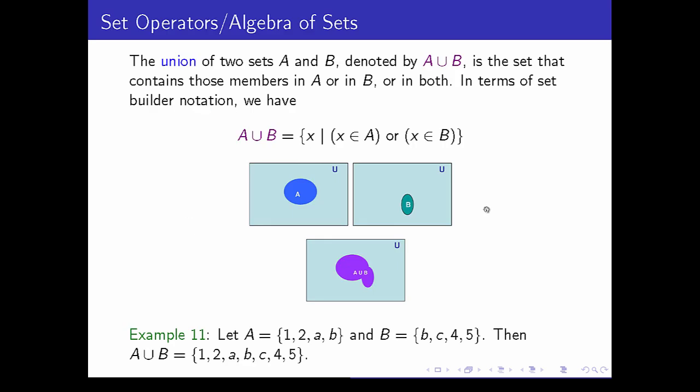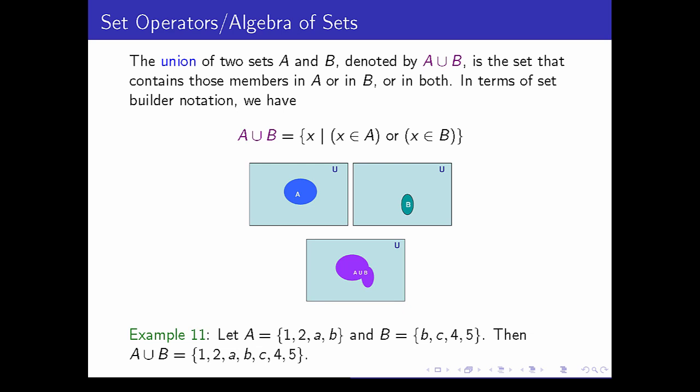Okay, now let's talk about operations we can perform among sets. The first operation is called union. The union of two sets A and B we denote by A union B. This symbol is the union symbol. It is like a glass standing upright.